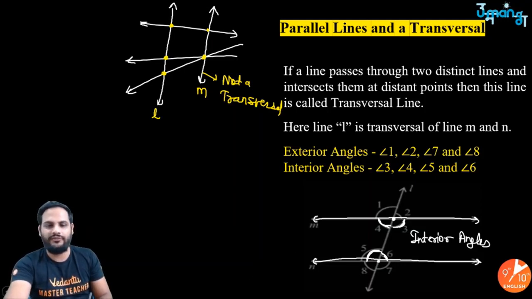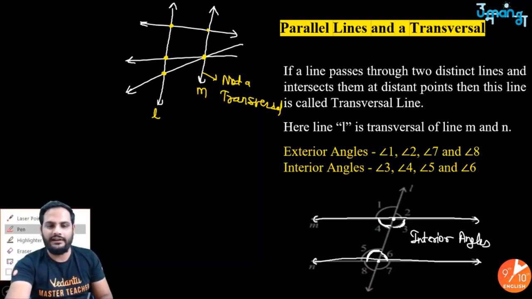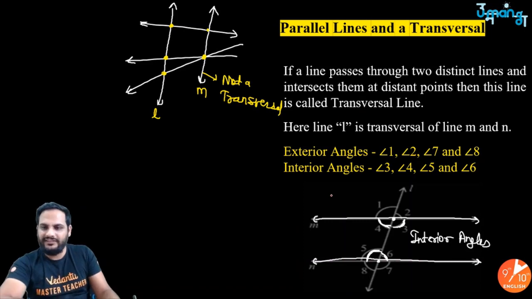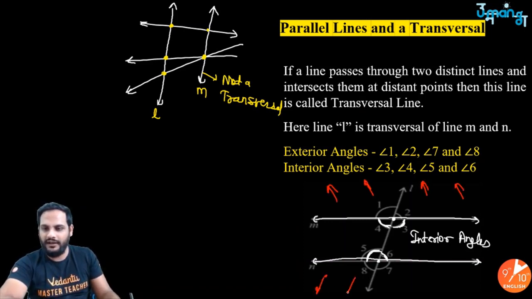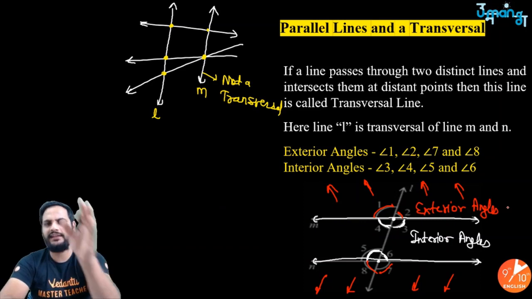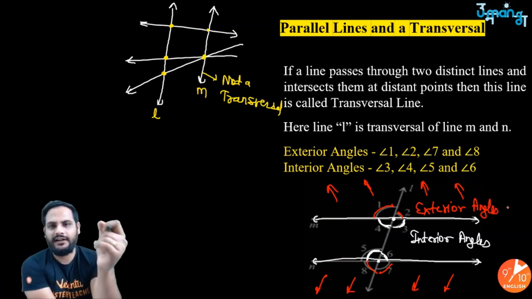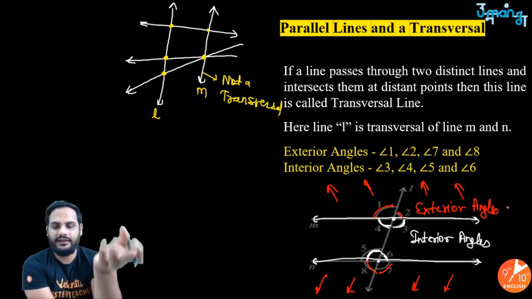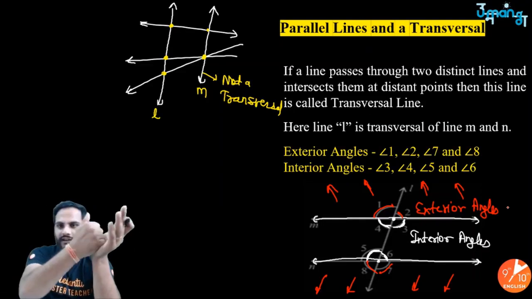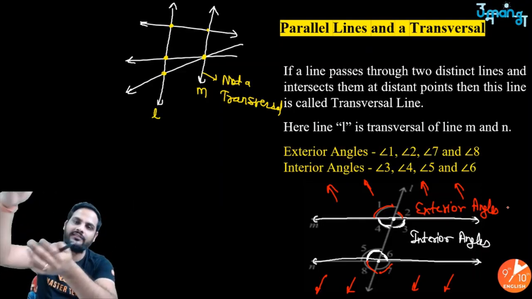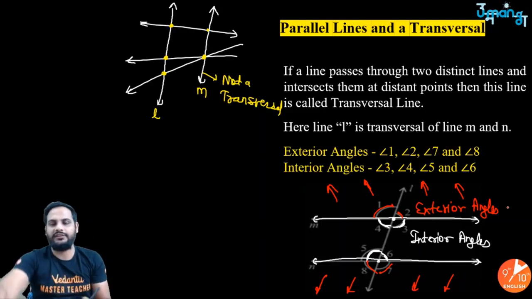So 3, 4, 5 and 6 are called interior angles. Then some of the angles are on the outer side of these two lines. These four angles are called exterior angles. If you understand interior and exterior angles clearly, you'll be able to understand the naming of these angles very easily. Interior means the inside ones, exterior means the angles which are outside.